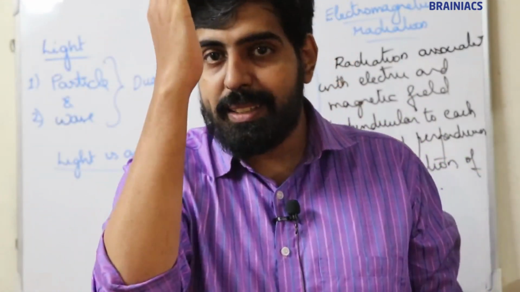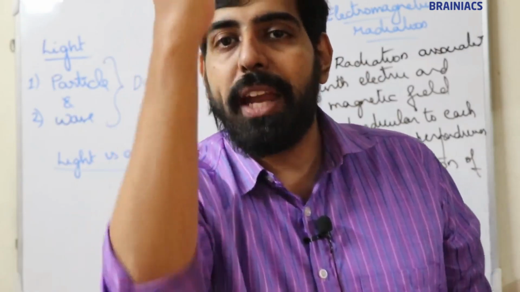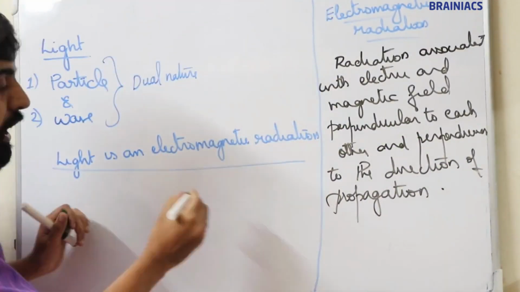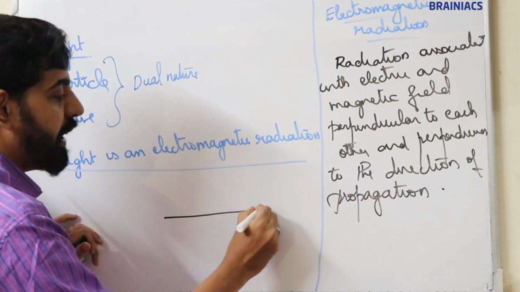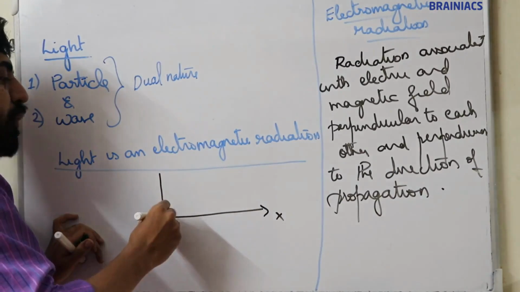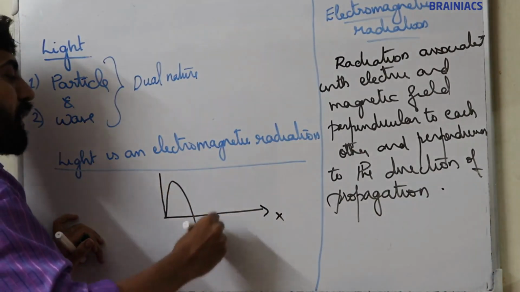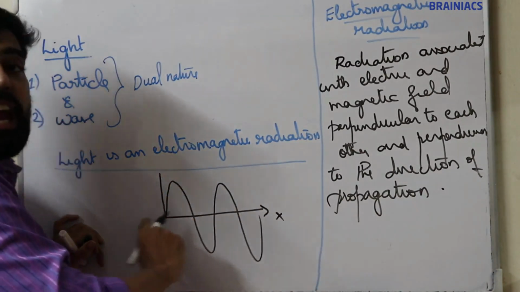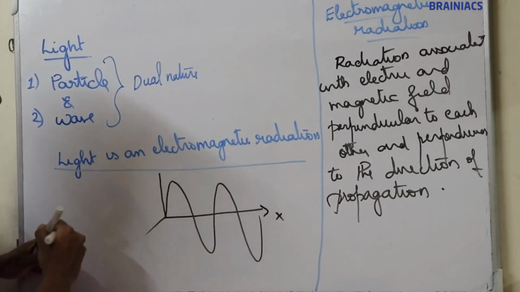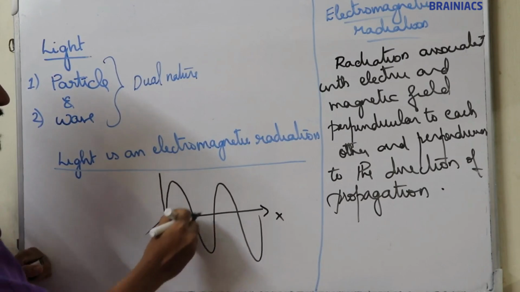In the z-axis, the magnetic field will propagate with light. So we can draw it like this. Light propagates in one axis, the electric field is propagating in the y-axis along with the light, and in the z-axis, the magnetic field is propagating.